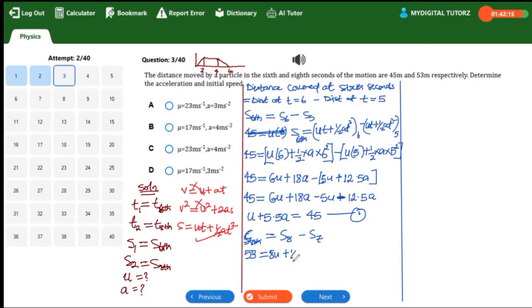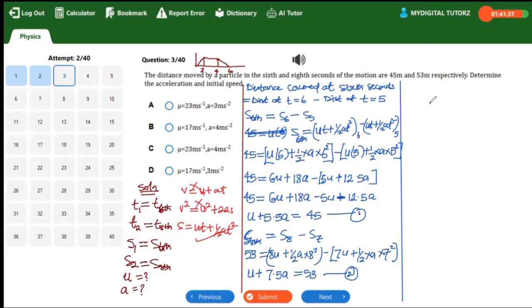Plus 1 over 2A times 8 squared. Then minus, again, 7U plus 1 over 2 times A times 7 squared. So when you open it, you should end up having U plus 7.5A is equal to 53. Please open it and do it so that we can be doing work together. So that is equation 2.